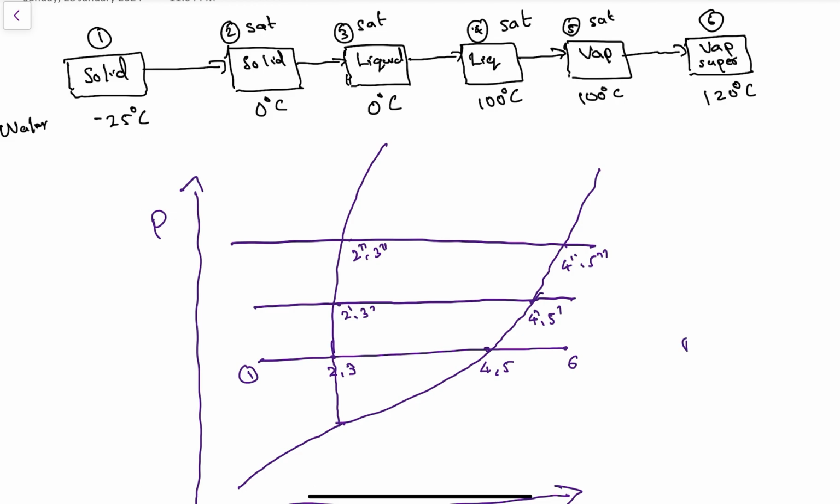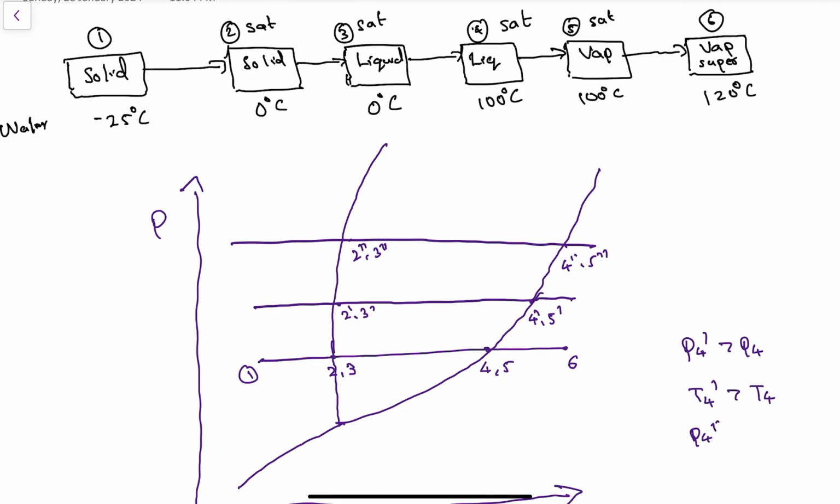P4 dash is greater than P4. When the pressure is increased, you know that the saturation temperature will also increase. So T4 dash is greater than T4. That is why this line is slanting towards the right.